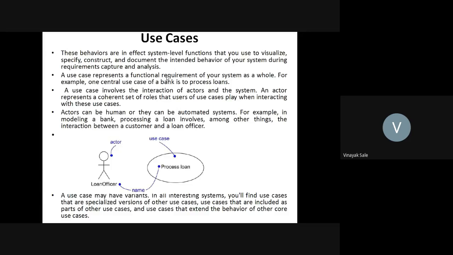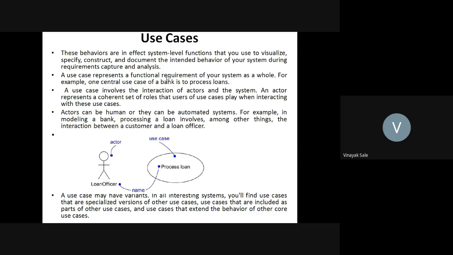These behaviors are the effect of the system-level functions that you use to visualize, specify, construct, and document the intended behavior of your system during requirements capture and analysis. A use case represents a functional requirement of your system as a whole.